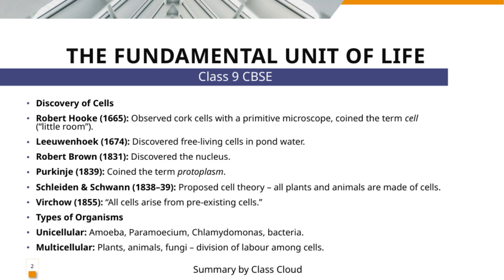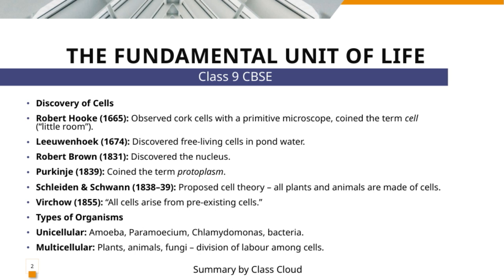Then, in 1674, Leeuwenhoek discovered free-living cells in pond water, revealing that tiny cells are everywhere around us, even in nature's smallest water bodies. Moving forward to 1831, Robert Brown identified the nucleus within cells, which is crucial because it controls many cell activities. In 1839, Purkinje introduced the term protoplasm, referring to the living content inside cells.